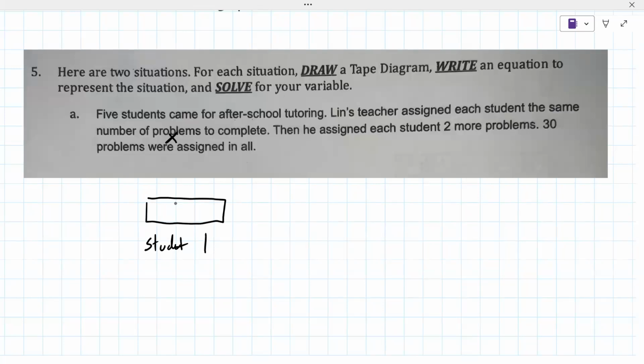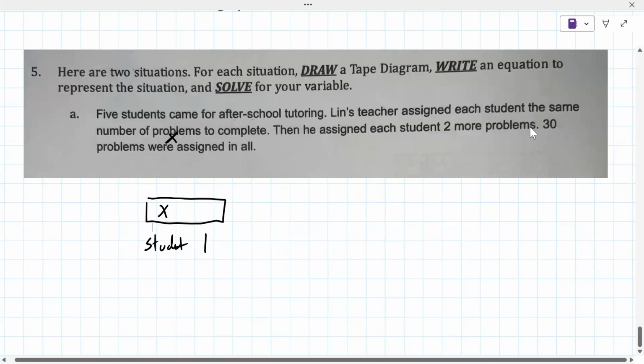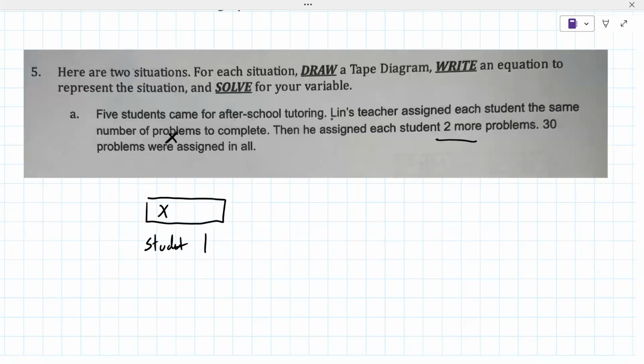X. Now let's keep reading. Then he assigned each student 2 more problems. So what should we add to this? Plus X. Plus how many? 2.